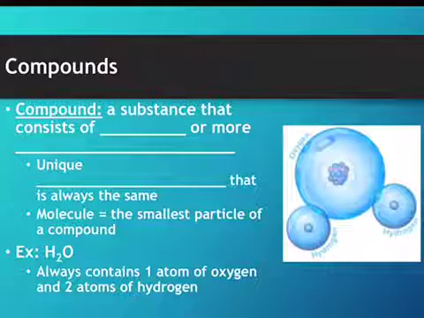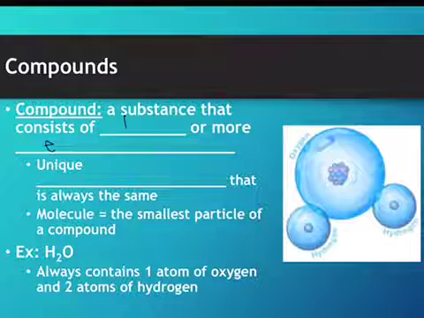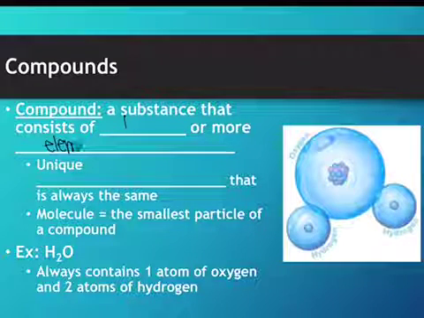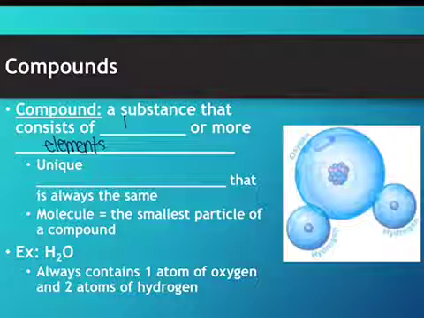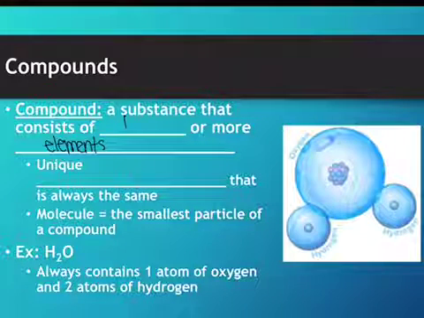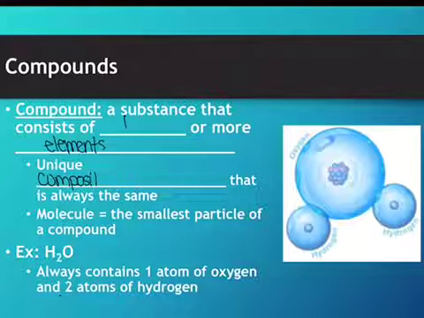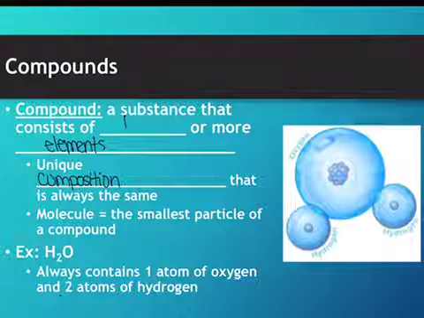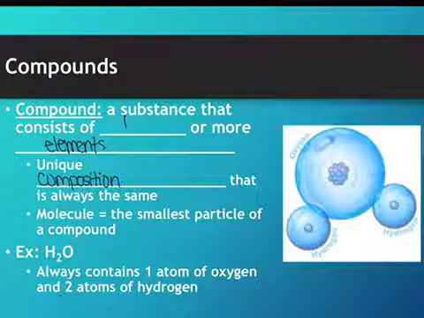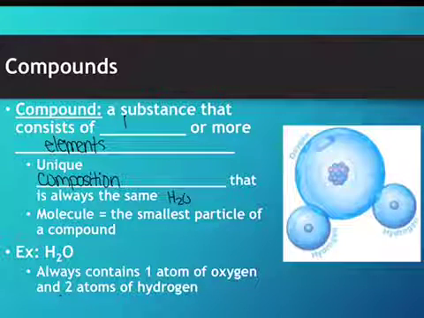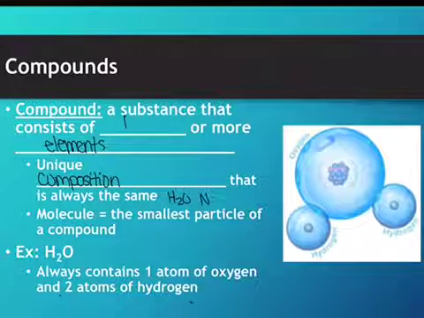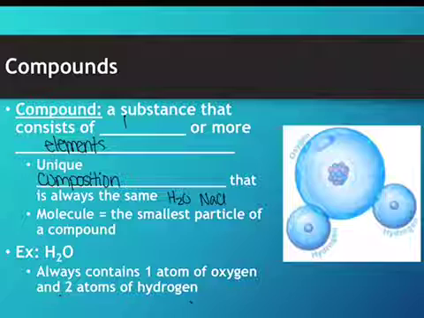Elements can combine to form compounds. So a compound is a substance that consists of 1 or more elements. Each compound has a unique composition, and that composition is always the same. So like I said, for water, the composition is always H2O. Or for table salt, we always have NaCl.